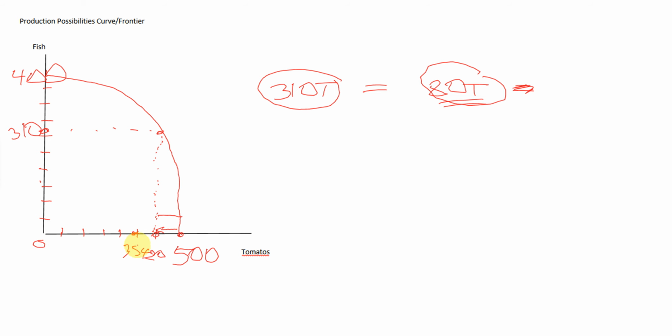And those people who now join the others to catch fish will now catch how much? Well, a bit more, not as much as before. So this is probably somewhere in the middle, say 340, let's say, yeah, 340 tons of fish now.